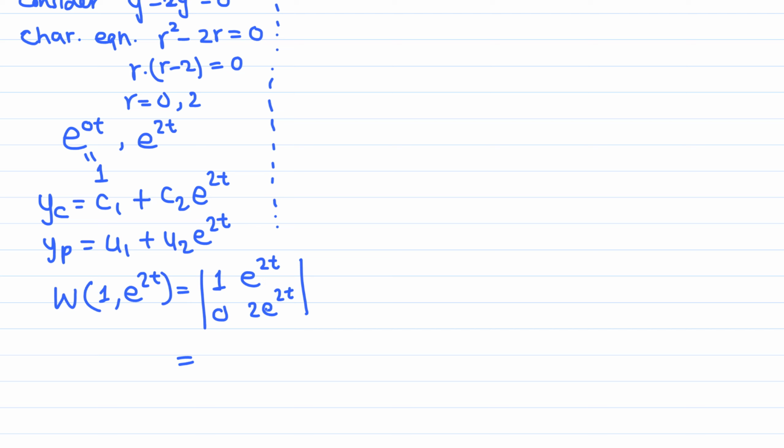So 1 times that is just that, minus 0 times anything is 0. So just 2 e raised to 2t. Okay, we need this. You'll see in a moment. This Wronskian is needed to determine u1 and u2.